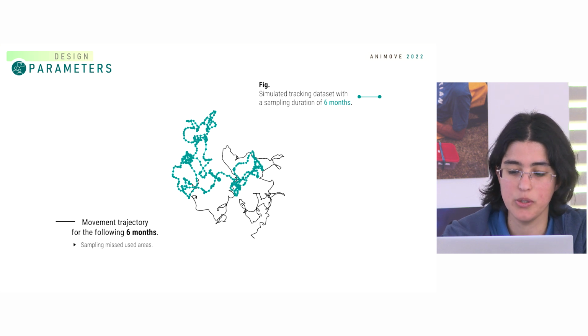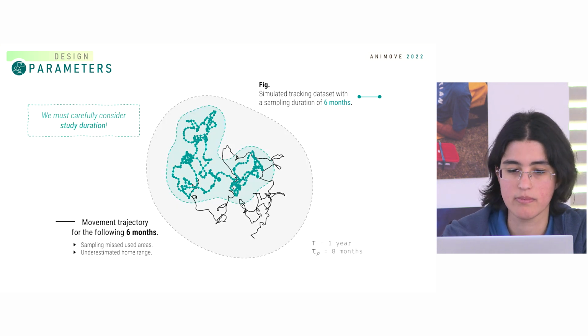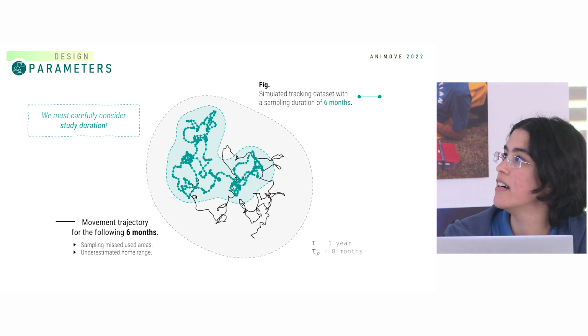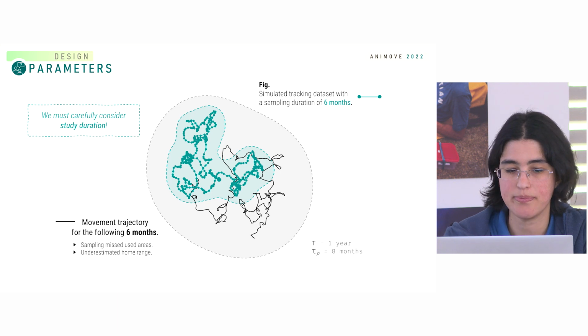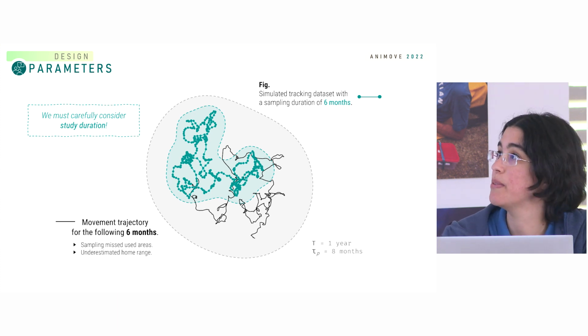So it's missing used areas, right? So the home range estimated from the initial data set versus the whole thing differs, because again, it wasn't enough. It wasn't range resident by that point. So in this case, we must carefully consider study duration.